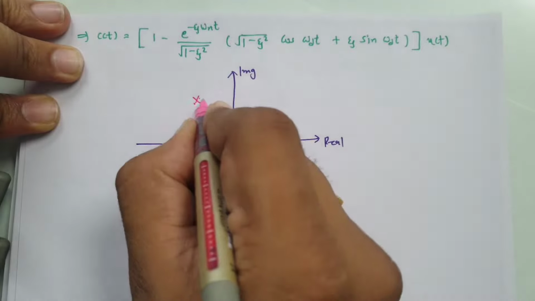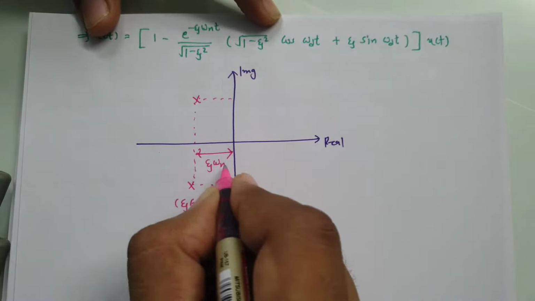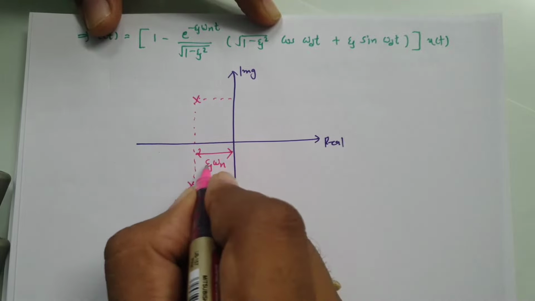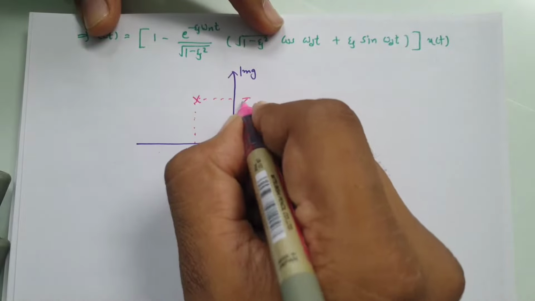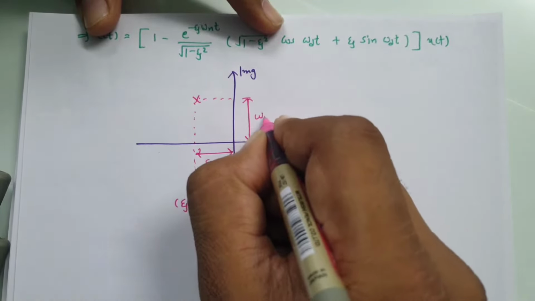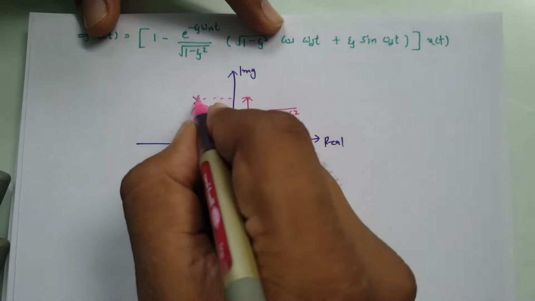In this, if you observe the real component, then that is minus zeta omega n, but by magnitude it is zeta omega n, and if you observe the imaginary component, then that is omega n into square root of 1 minus zeta square.